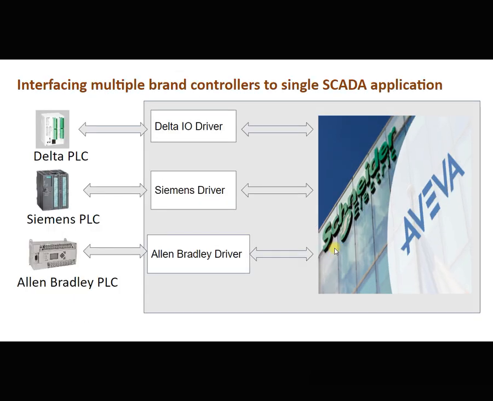Next, I can interface if I have a driver for that particular controller. If I have a Delta IO driver, I can communicate a Delta PLC with the Schneider SCADA software. If I have a Siemens driver, again I can communicate. Any SCADA I can take here. Even a Delta PLC I can communicate with WinCC if I have a proper IO driver communication model.